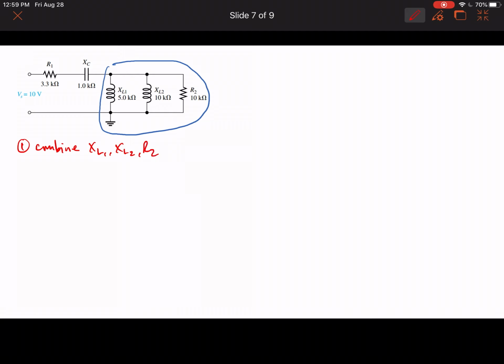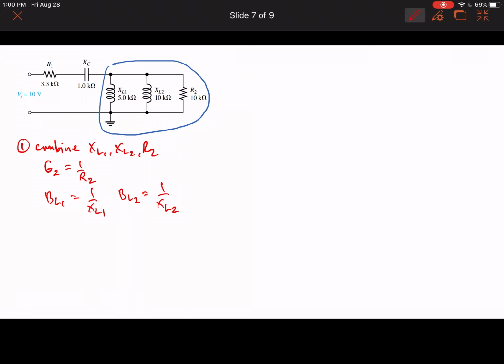In order to do that, we need to take the reciprocals of each of these and then combine them, which means that we need to take the conductance G2, which is 1 over R2. We need to take the inductive susceptance BL1, which is 1 over XL1, and the second inductive susceptance, BL2, is equal to 1 over XL2.